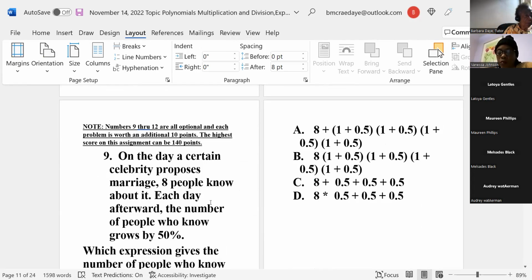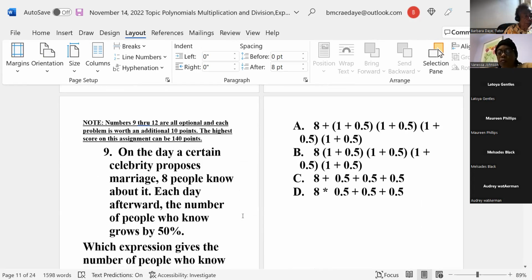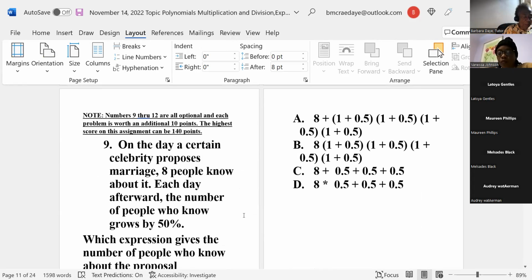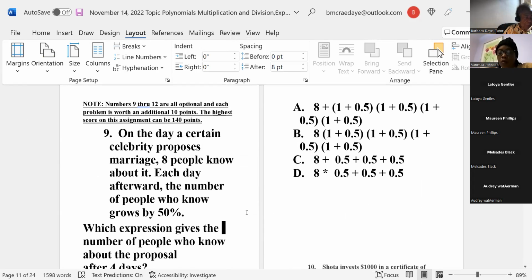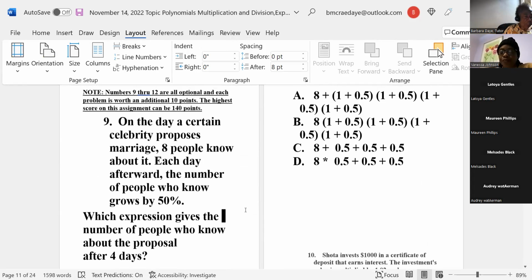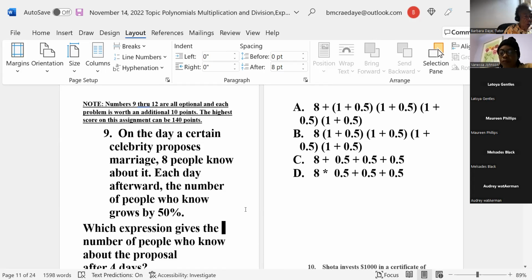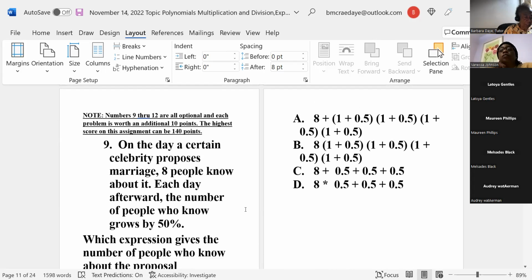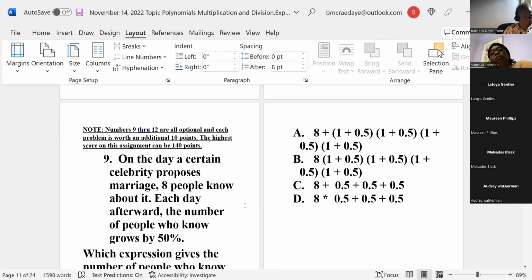All right. On the day a certain celebrity proposes marriage, 8 people know about it. Each day after, the number of people who know grows by 50%. Which expression gives the number of people who know about the proposal after 4 days?